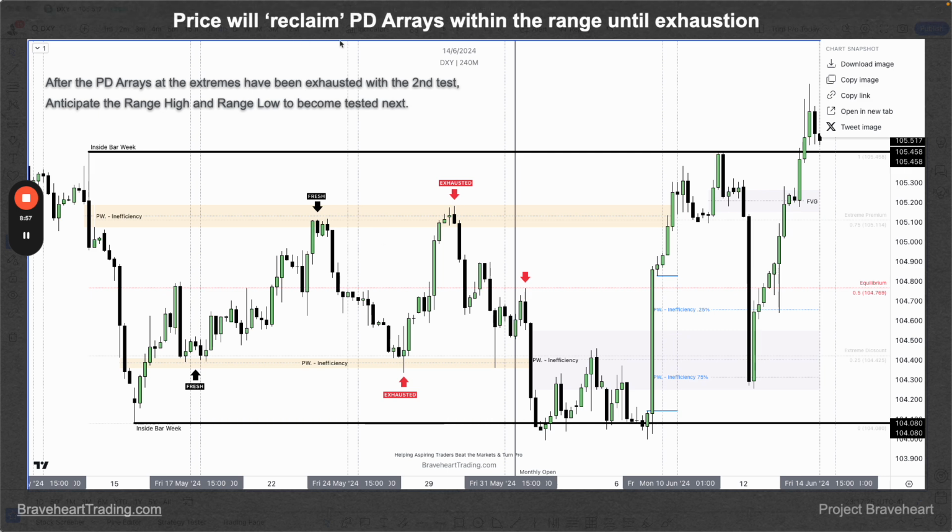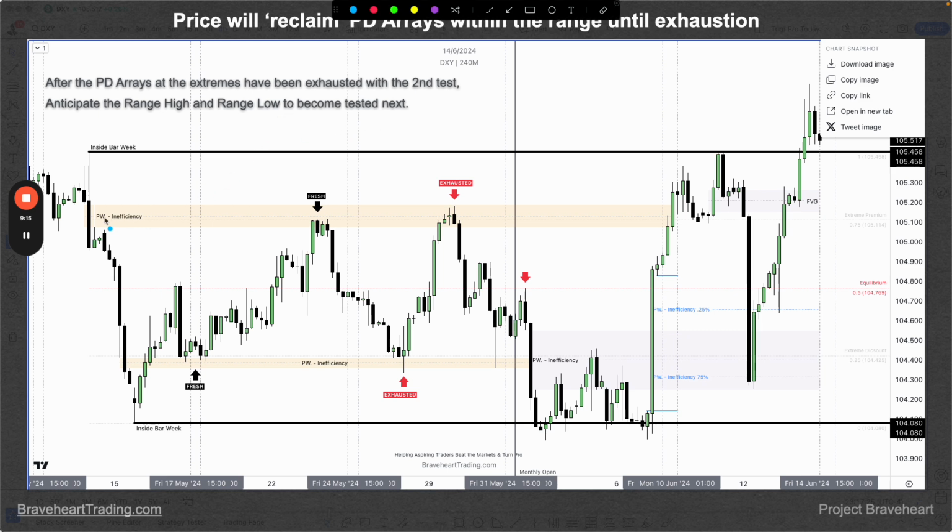Now, price will reclaim PD arrays within the range until exhaustion. So, after the PD arrays at the extremes have been exhausted with the second test, anticipate the range high and range low to become tested next.